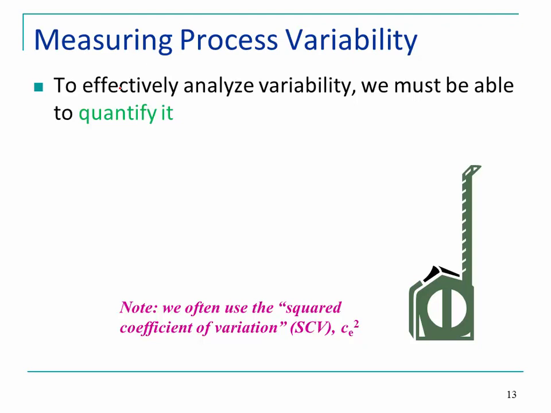And we're going to start by defining what we call the coefficient of variation. This coefficient of variation is a ratio of the mean and the variance of your process, and it gives you a better understanding of the randomness in your process by taking into consideration both the mean and the variance. And it's more powerful than just looking at the mean by itself or just looking at the variance by itself. Okay, so let's define that.